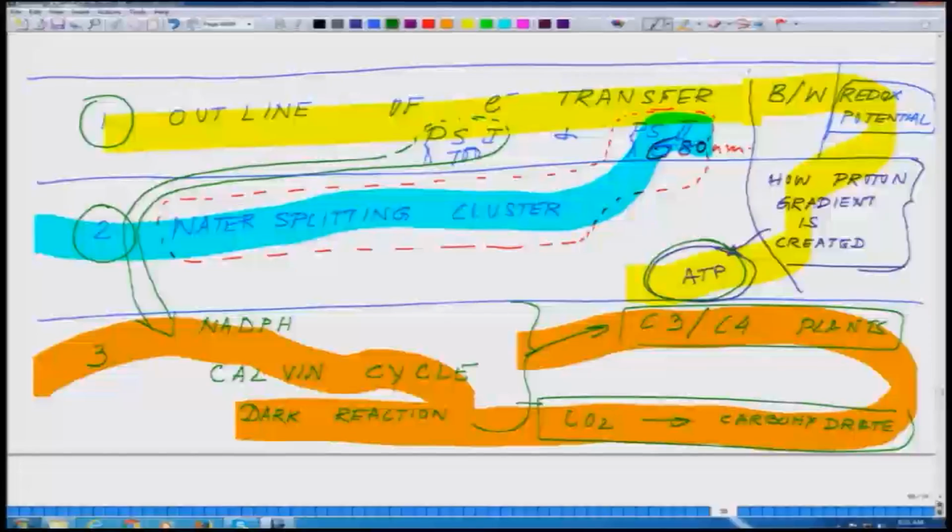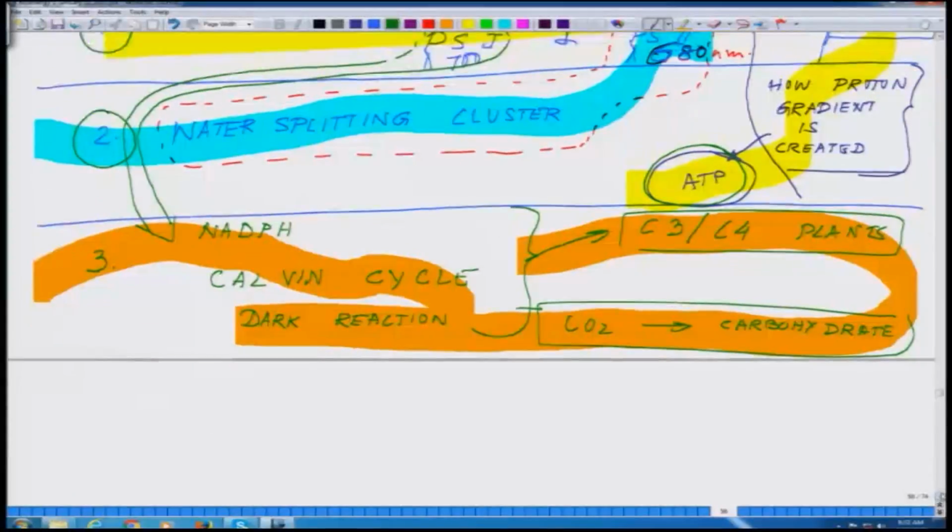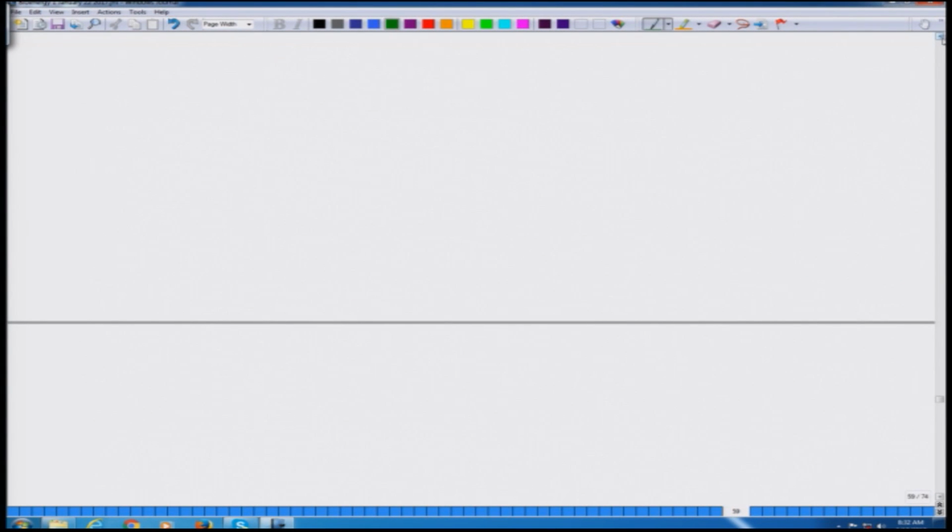But today we will be concentrating on those three aspects, the electron transfer and the physical structure of the photosystem, followed by ATP formation and concluded by the water splitting cluster. So, let us start.